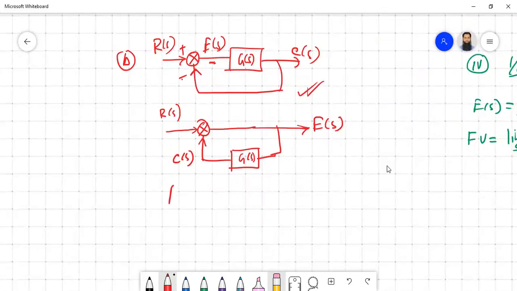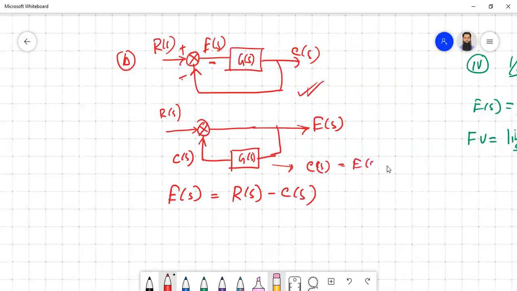Bottom line, again, the error is the same thing, R(s) minus C(s). And what is our C(s)? You can easily figure it out from here. C(s) is basically E(s) into G(s).